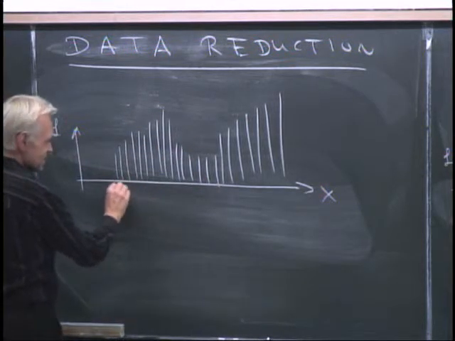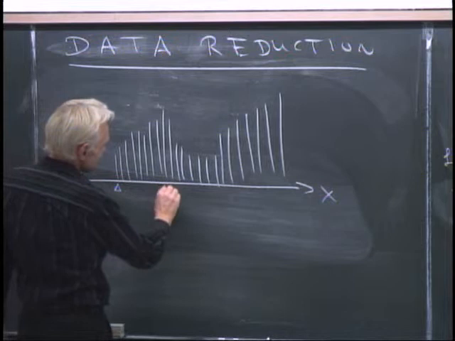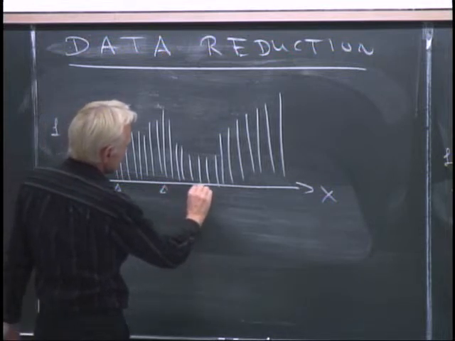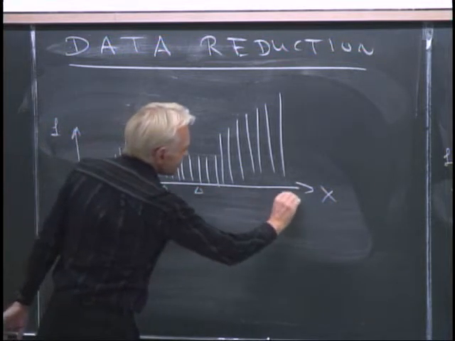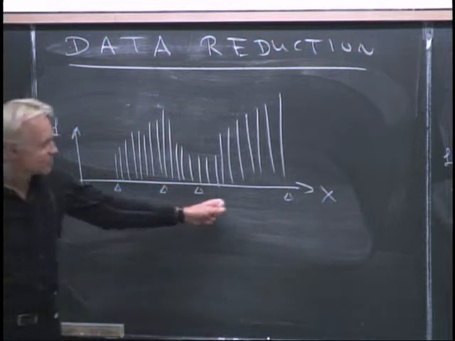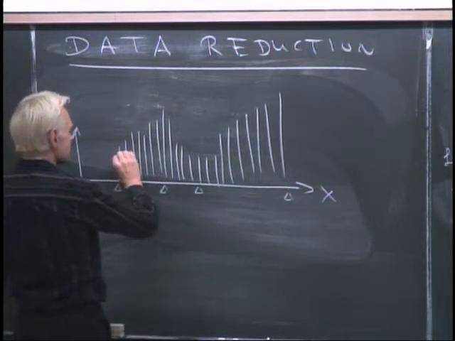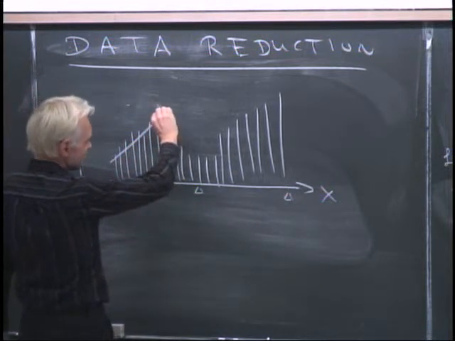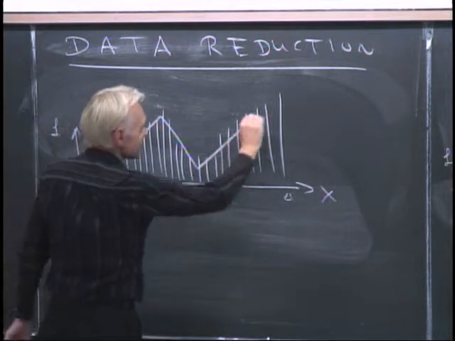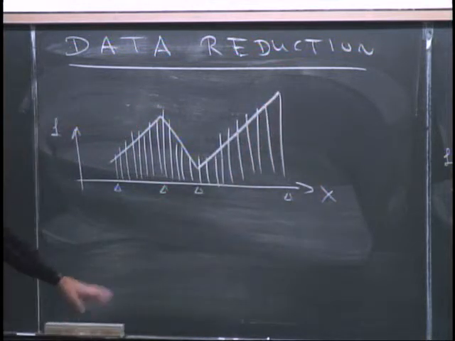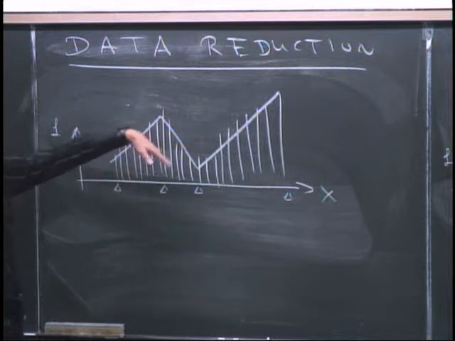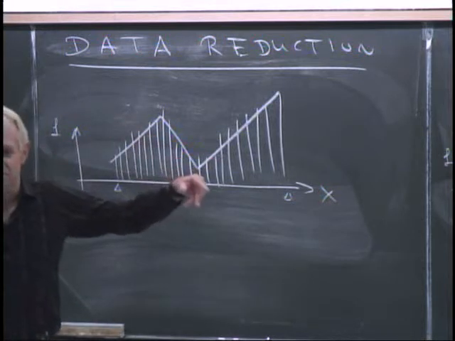I could probably do this. I could say I start something here, I end something here, and then maybe go to there. If I only knew these four locations, then I could probably do something like this: have one line, have one line, and have another line. Okay? And if I evaluate these lines, I can nearly reproduce the original sticks. Right?